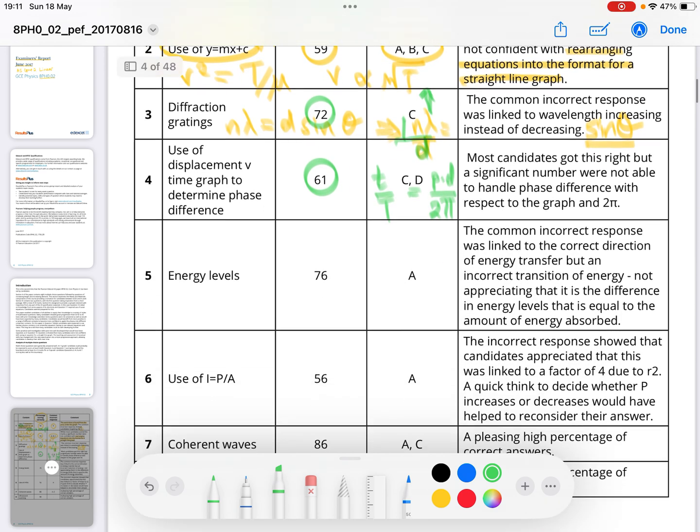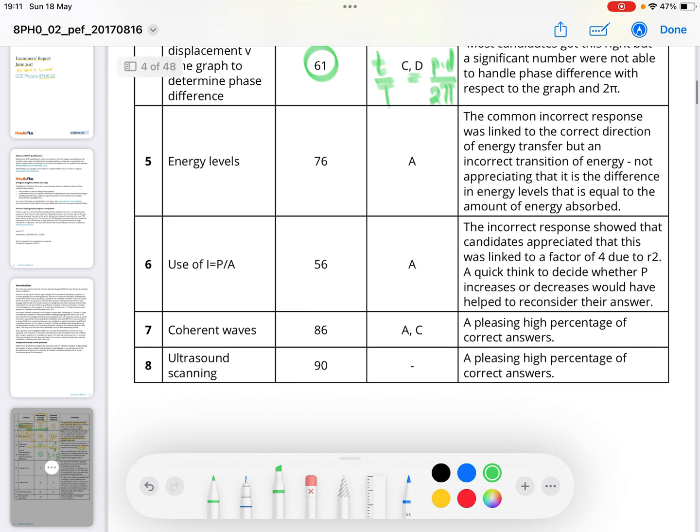So it's quite useful to see the number of people getting each question right or wrong. Question 5 is about energy levels in atoms. So it's the quantum thing. You've got to work out which delta E transition is equal to the energy of the photon.